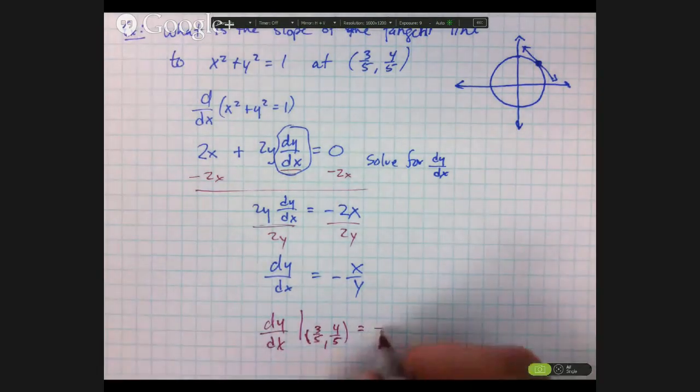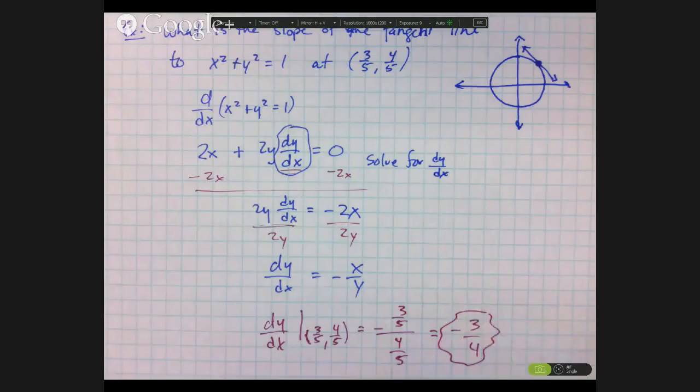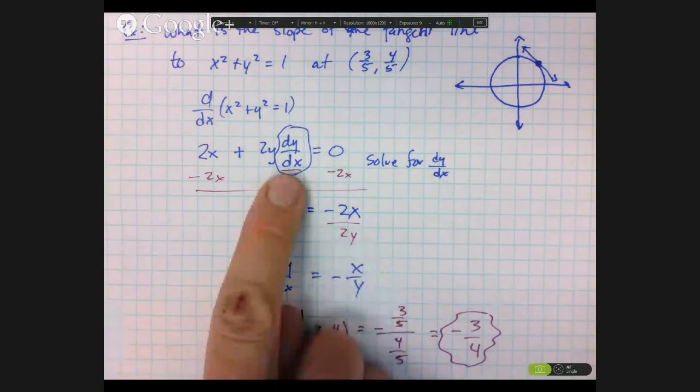We haven't seen it for a few days probably, but there's the slope of that tangent line. Okay. So there's not a whole lot of new stuff. It's just that one little chunk right there. Okay, that's the new chunk.